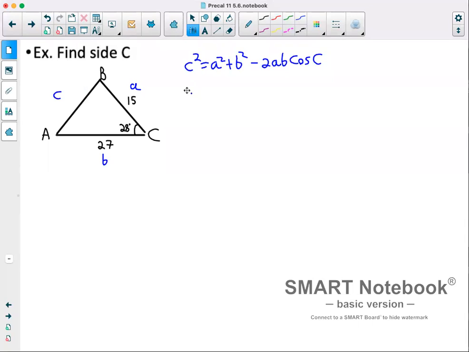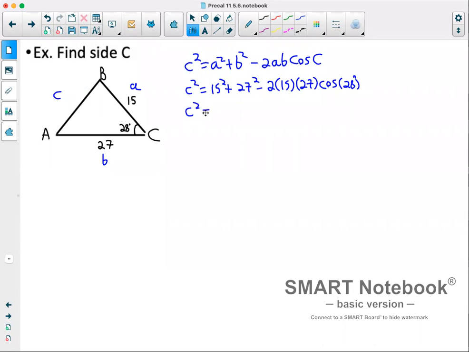So we'll start filling our values in. We've got 15 squared plus 27 squared minus 2 times 15 times 27 cos of 28 degrees. We'll go through and simplify this.